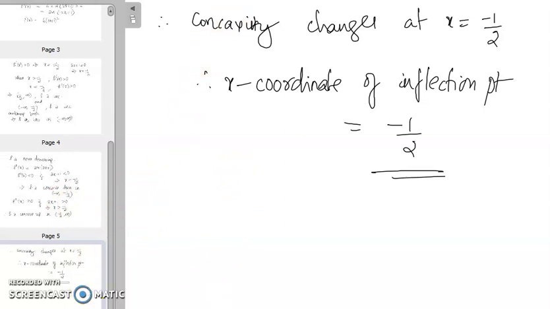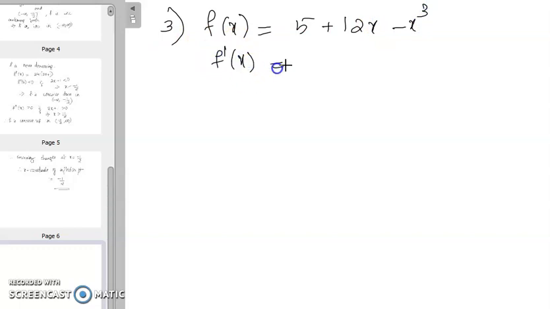So the third problem is, you have f of x equal to 5 plus 12x minus x cube. So first find f dash of x. F dash of x is 12 minus 3x square and f double dash of x is minus 6x.